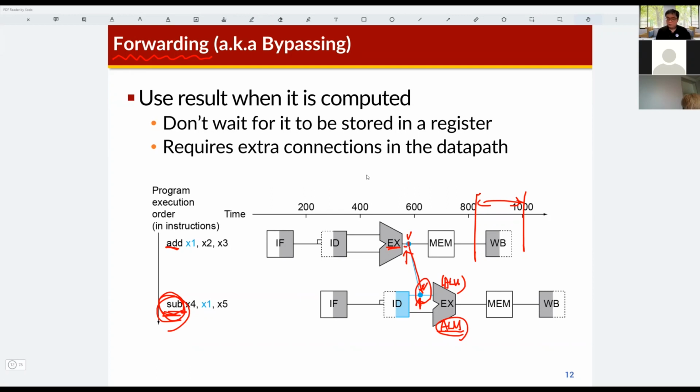This is called forwarding, or data forwarding.